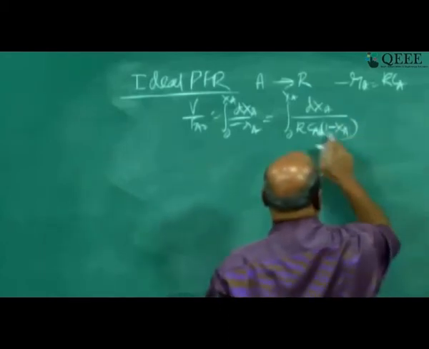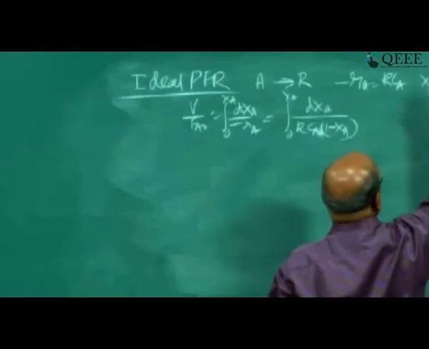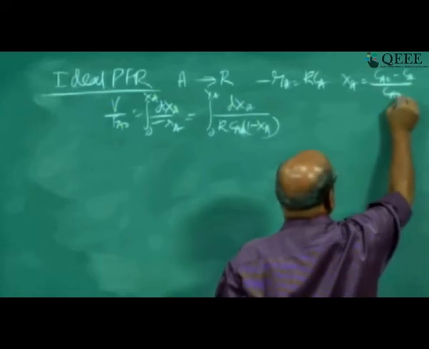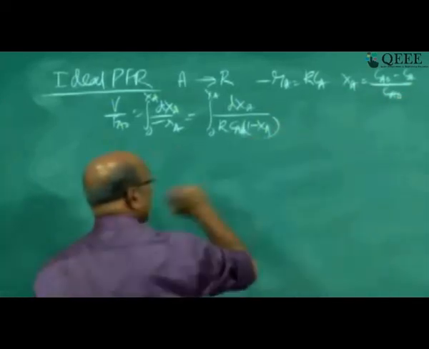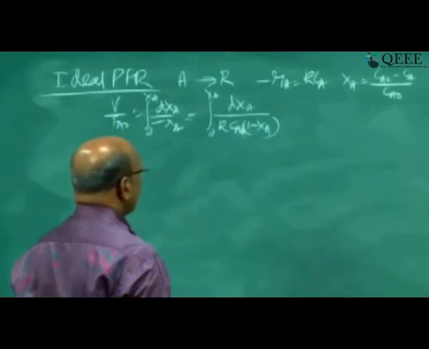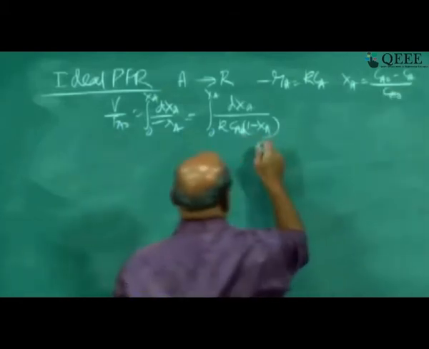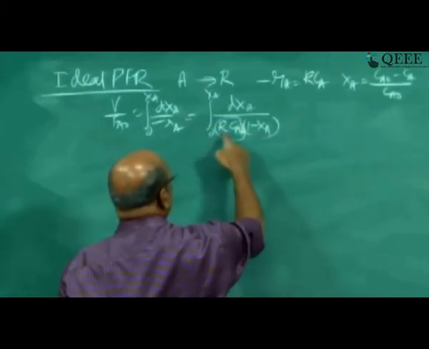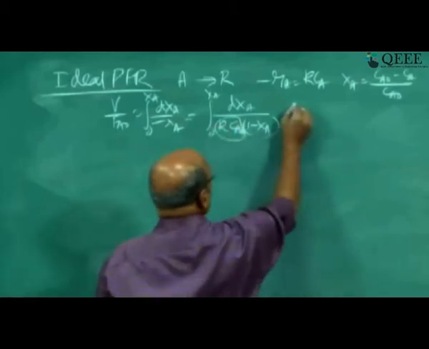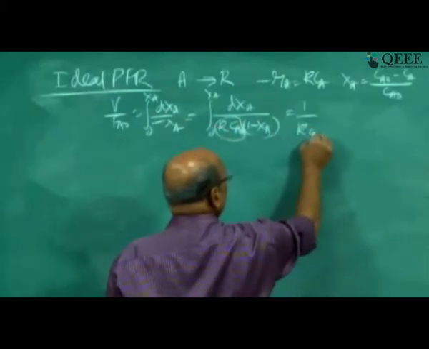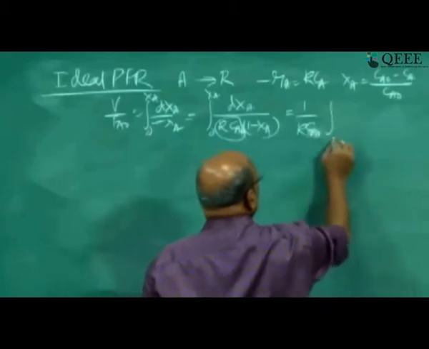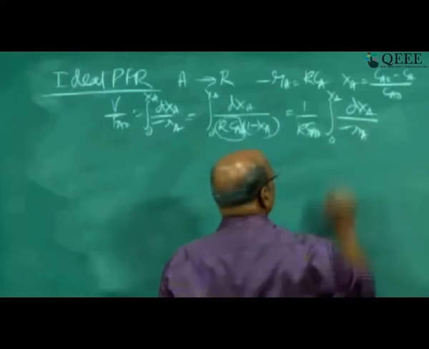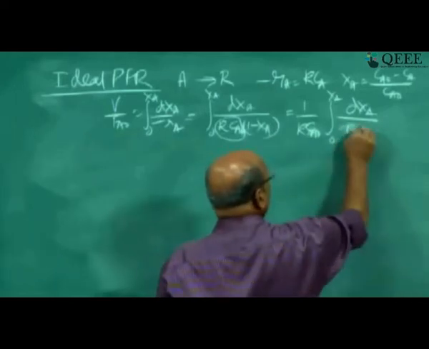And how I got this equation is, I have the Xa definition for constant density systems as Ca naught minus Ca by Ca naught. I have used that here, Ca equals Ca naught into 1 minus Xa. So now, because it is an isothermal reaction, K is constant and Ca naught is constant, you bring them out. This is equal to 1 by K Ca naught, integral 0 to Xa dXa by 1 minus Xa.